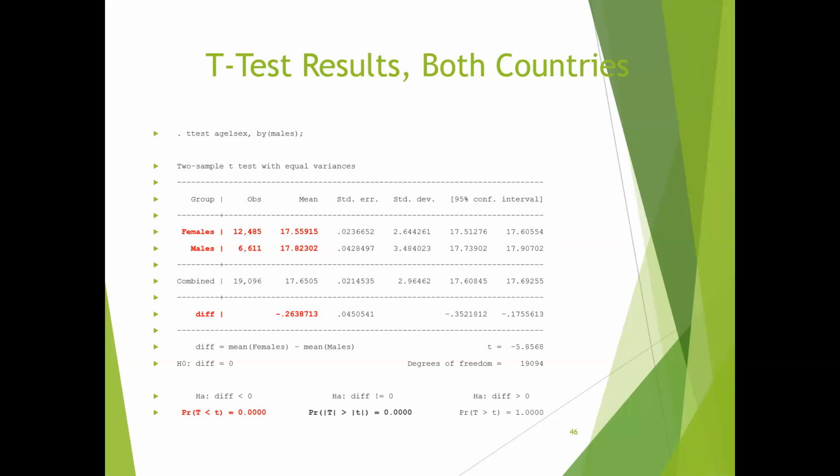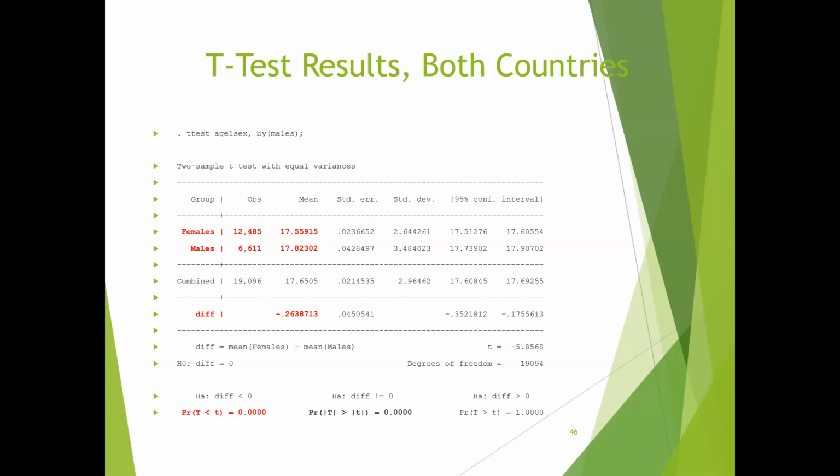So notice that the title of this slide, number 46, is results for both countries, right? We're looking at the relationship between gender and sexual initiation for both countries, Eswatini and Lesotho, right? But let's say we wanted to figure out what the relationship looked like for each country, not for both together.